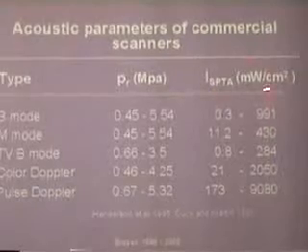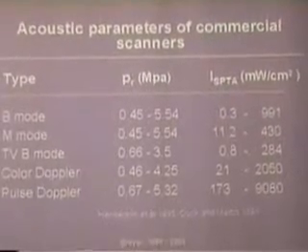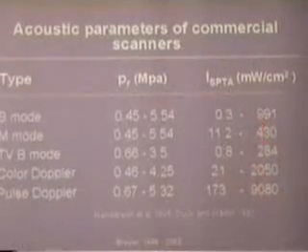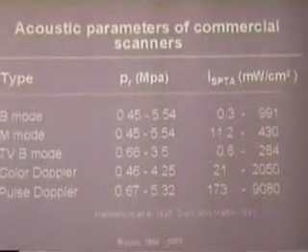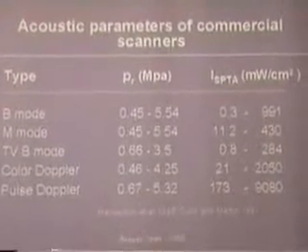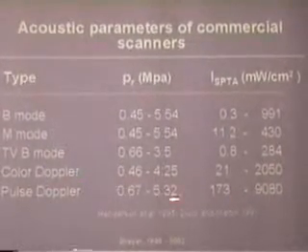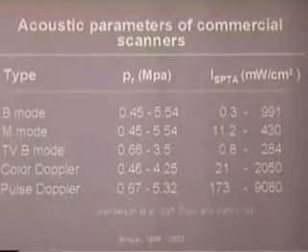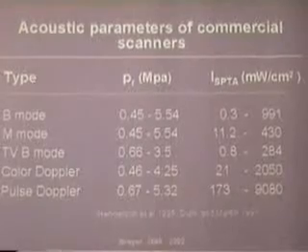Not so for thermal mechanisms. For thermal mechanisms, you see that the pulse Doppler on average is more intense than everything else. And that's why when looking at the safety aspects, we should basically first look at the pulse Doppler application. Now, if that is safe, then the rest will probably be safe in a particular machine.